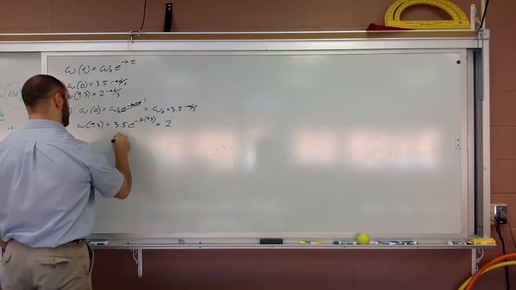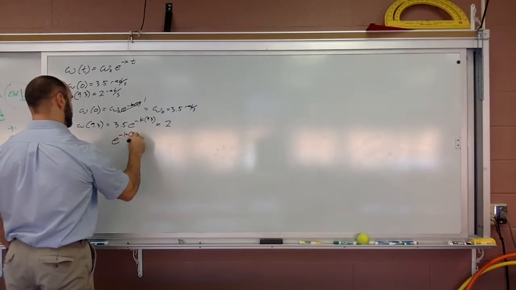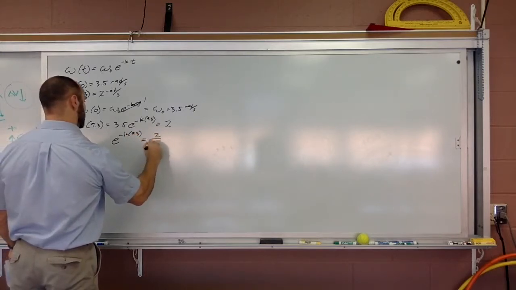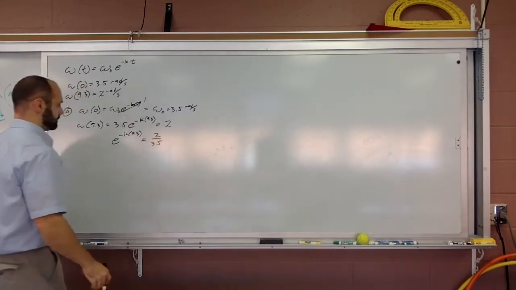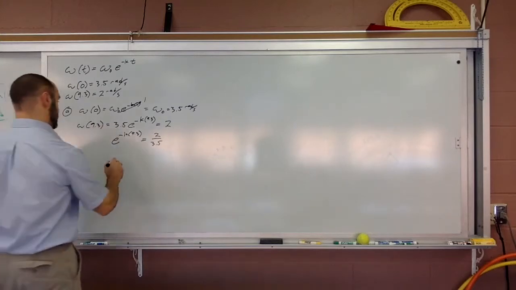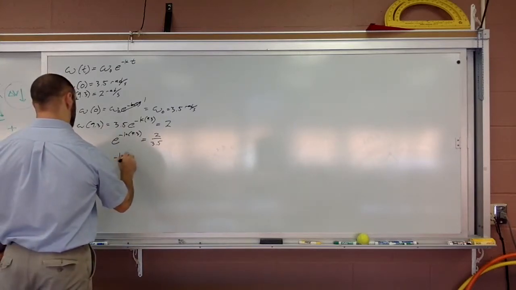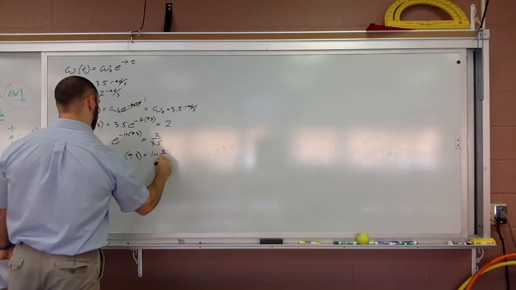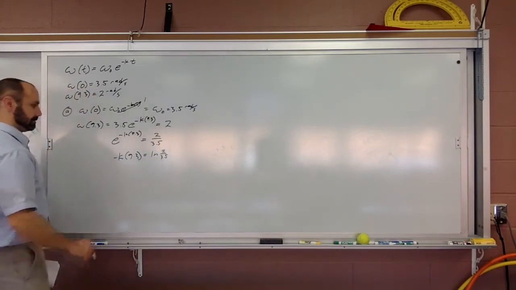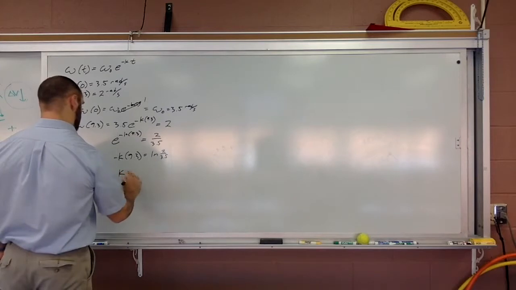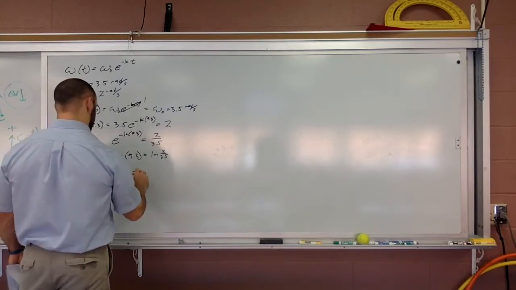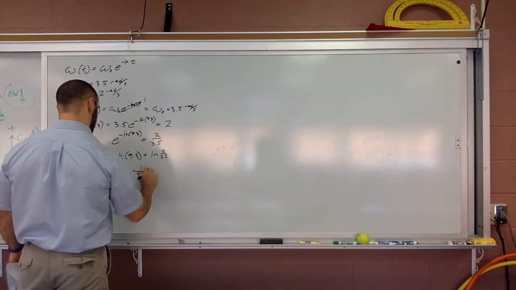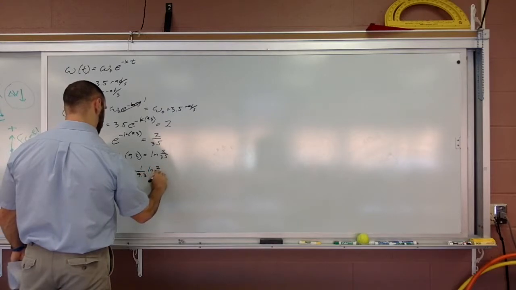So e to the negative k times 9.3 equals 2 over 3.5. Take the natural log of both sides, so negative k times 9.3 equals natural log of 2 over 3.5. So k is equal to negative 1 over 9.3, natural log of 2 over 3.5.